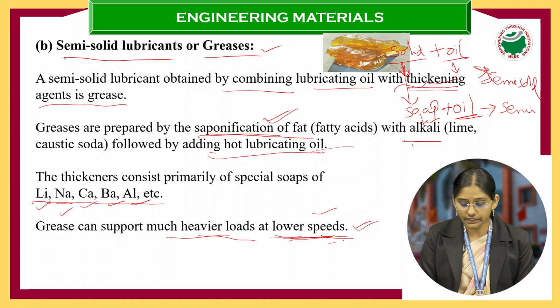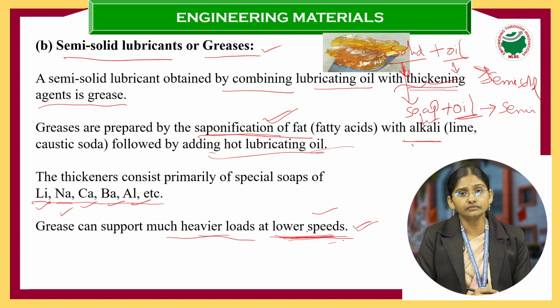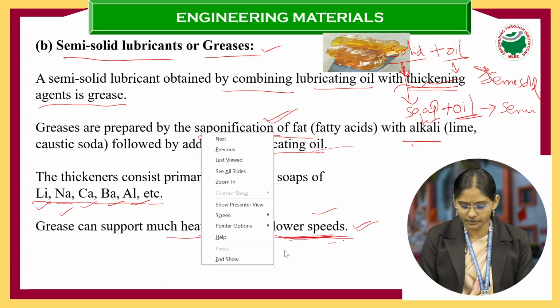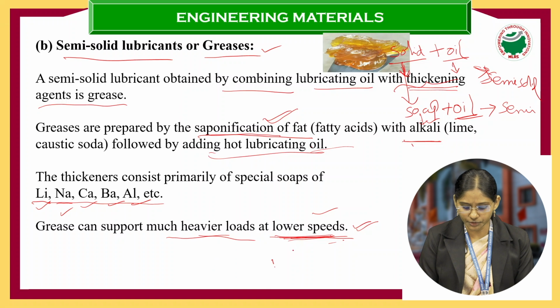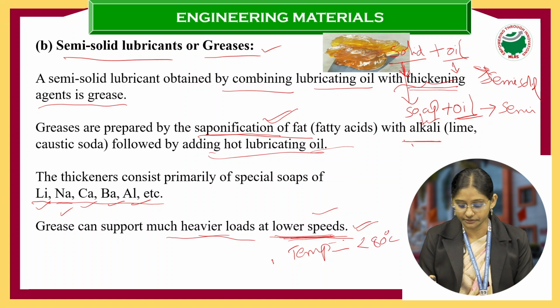If the machine is moving with high speed, then what happens? This grease cannot stick at one place. It will be missed. Now the temperature should also be less, less than 80 degrees centigrade.